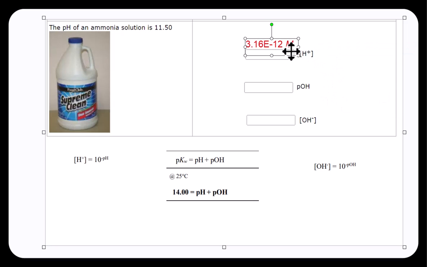So we would have this many moles of H plus in a liter of solution. That's minuscule, which is true. When you've got a basic solution, it drives down the H plus concentration. Just as before, we know we can end up finding the pOH pretty directly, and I'll get my calculator out and do that.